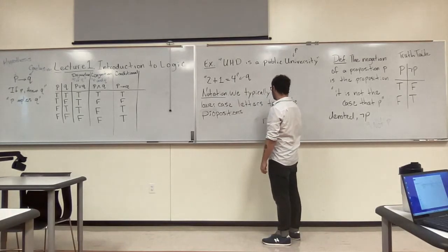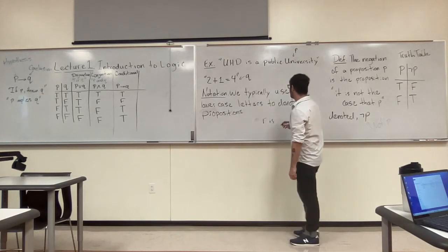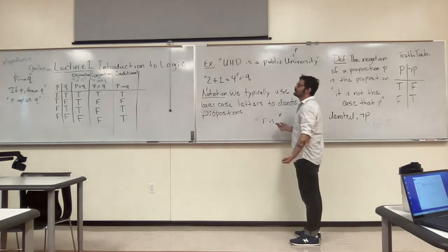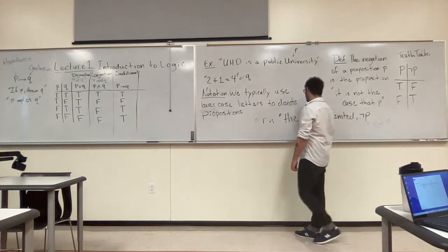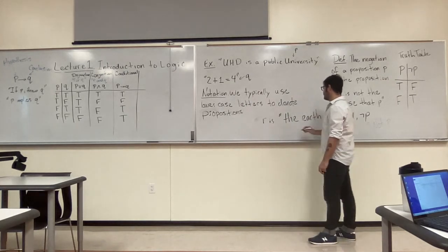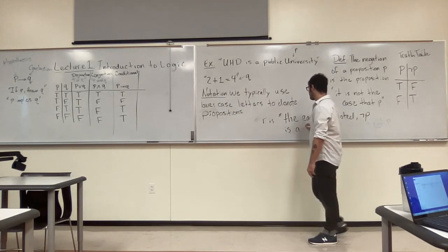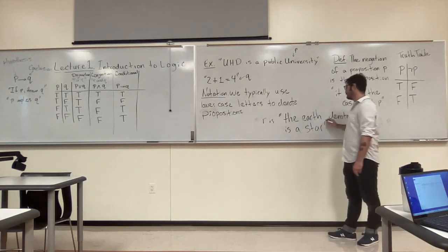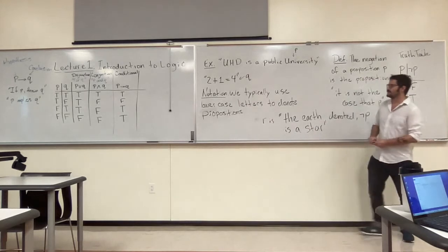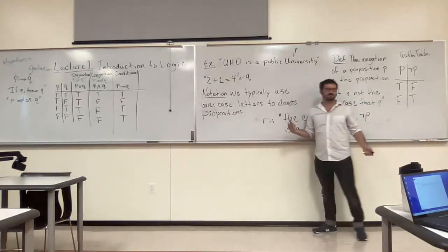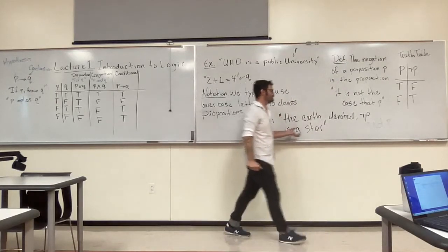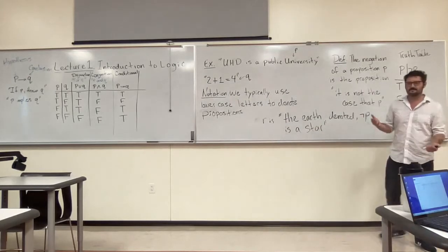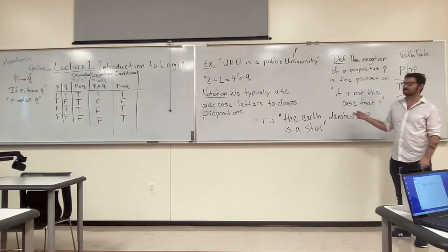Maybe R is the Earth is a star or something like that. Okay, so let's look at if Q then R. How would we read that out loud? It'd be, if 2 + 1 is equal to 4, then the Earth is a star. That's a true statement, because the hypothesis was false.